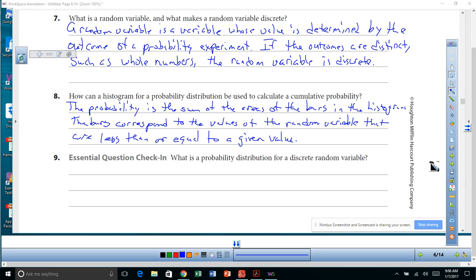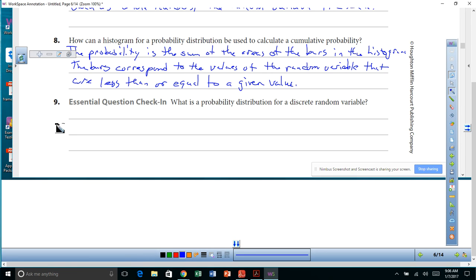What is a probability distribution for a discrete random variable?